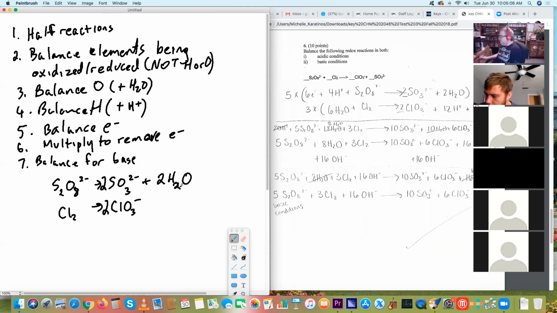The number of oxygens I add will always be as many waters as are needed to balance out those oxygens. So if we had 8 on one side, 6 on the other, that means I'll need 2 on the right-hand side, and that means 2 waters added to the right-hand side. So I'll stop there for a second. Does anybody have any questions?